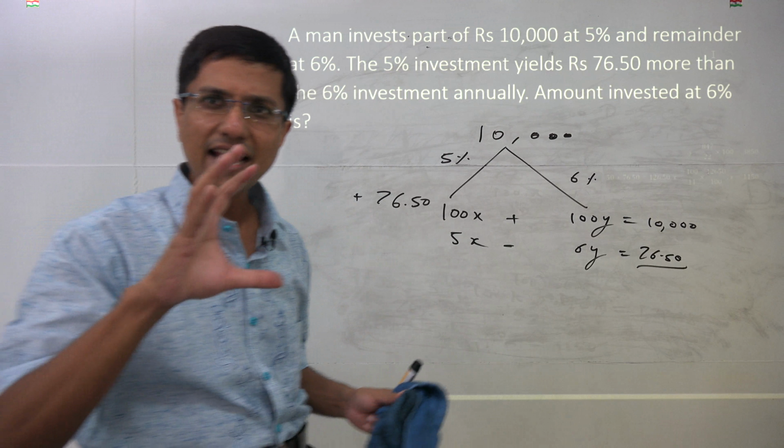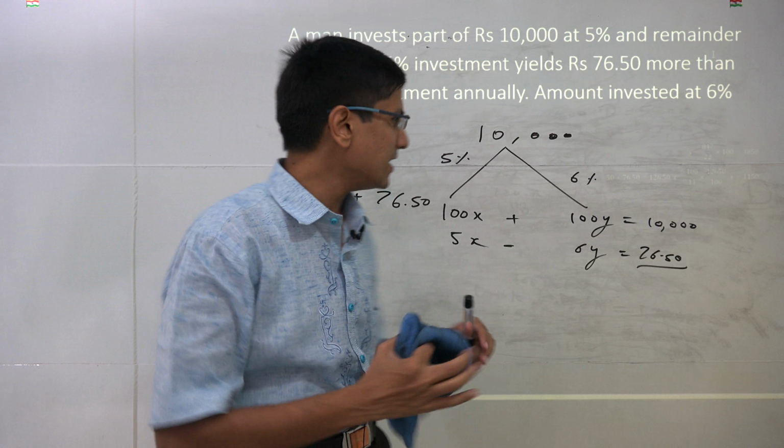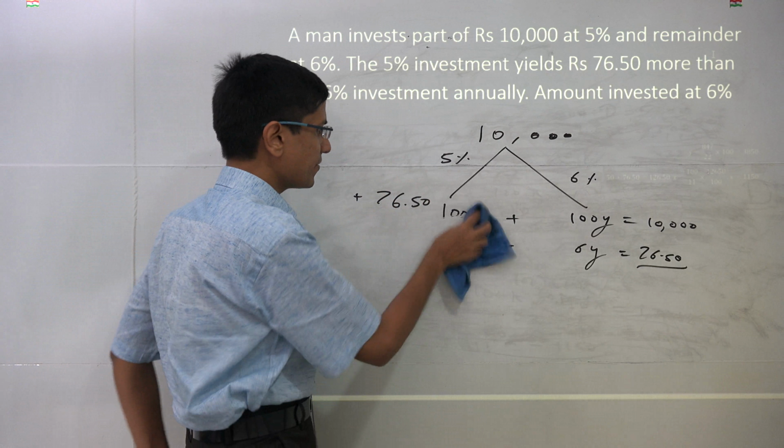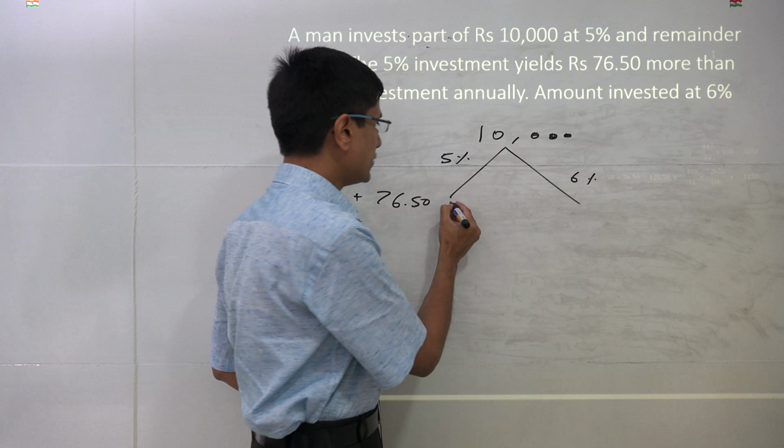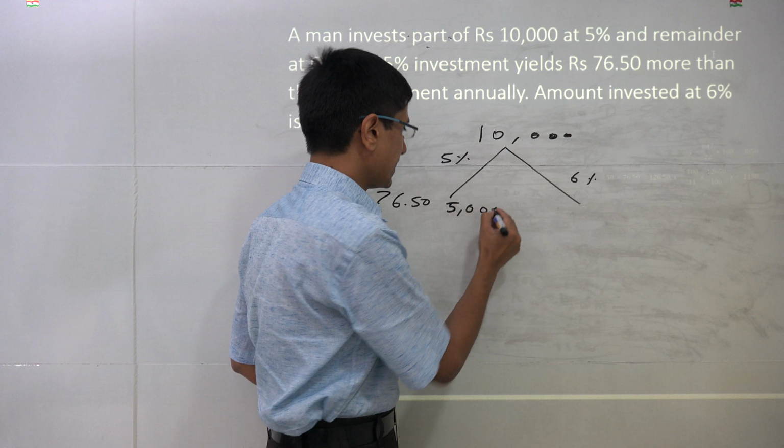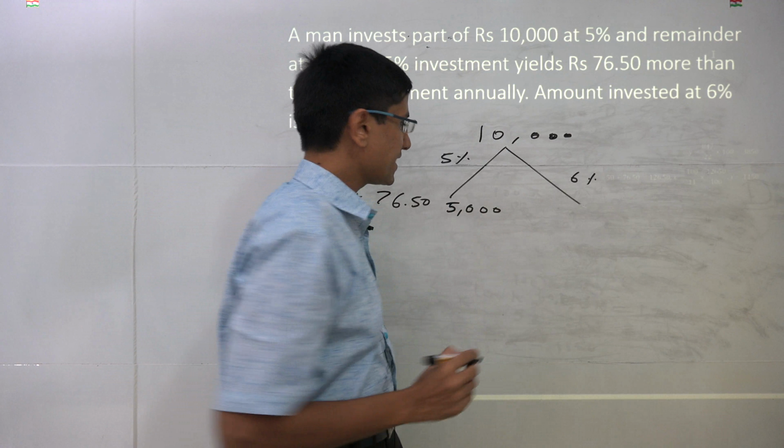But let's analyze this problem a little bit more. Let's try to be a little more creative, or lazy, if you will, and get more insight into the problem. Let's assume for 1 minute that instead of investing different amounts, this person were to invest the same amount.